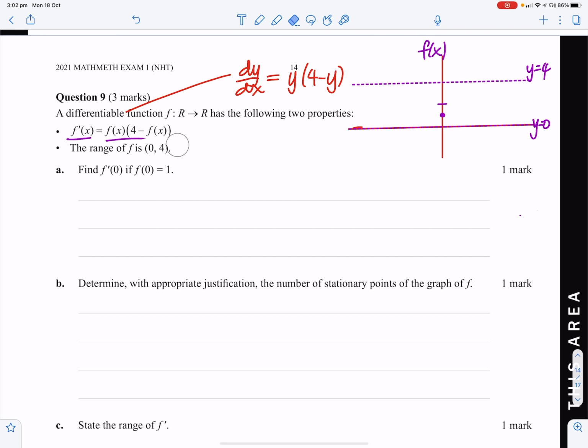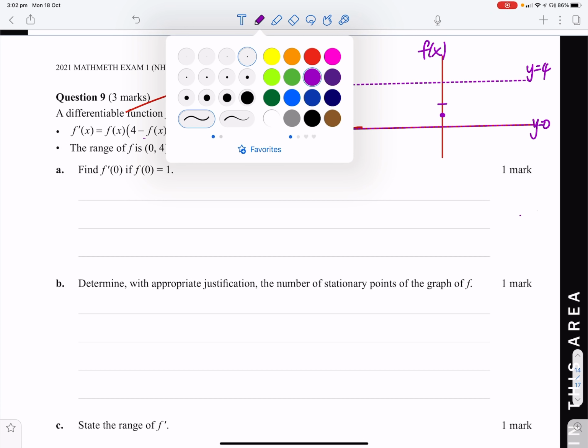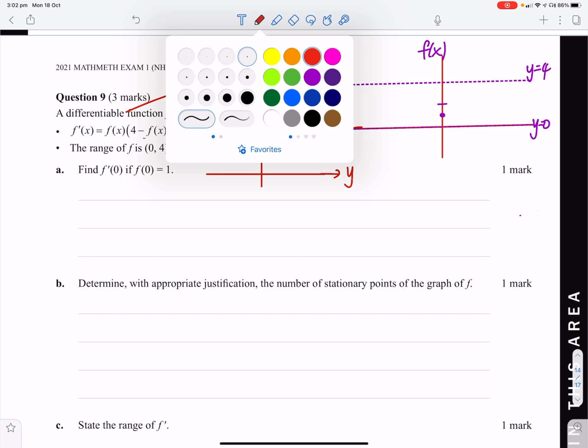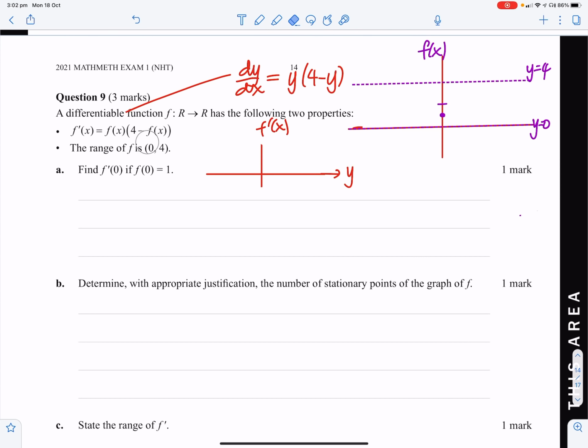If we look at the rest of it, if we were to sketch f dash of x against y, we know if that's f dash of x and that's y, this is going to have two y-intercepts.